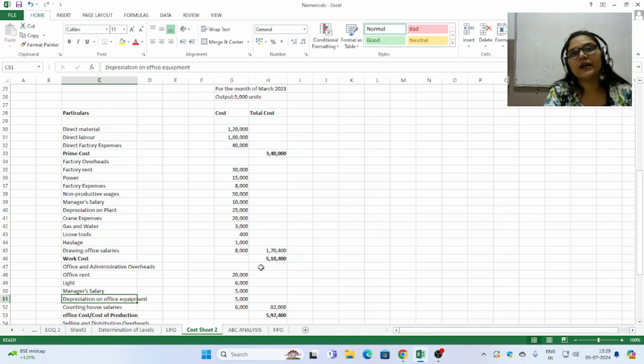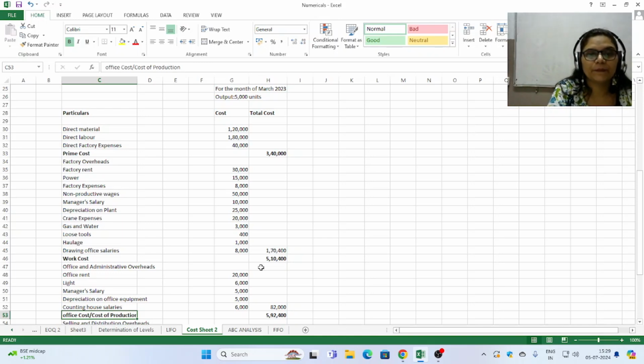Depreciation on plant is part of factory expenses, but depreciation on office equipment is part of office and administrative overheads, and counting house salary is also a part of administrative responsibilities. When work cost and office and administrative overheads are added, we get office cost, which is also called cost of production.